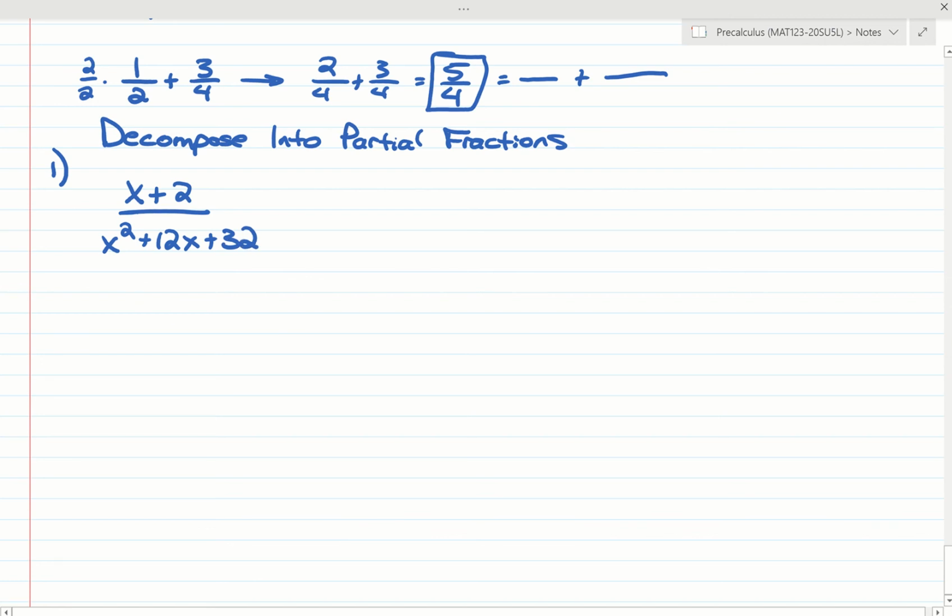Okay. First thing you want to do is make sure that you factor the denominator. So if we do that, we're going to get x plus 2 over, this is going to factor, numbers that multiply to be 32, add up to be 12, would be 8 and 4.